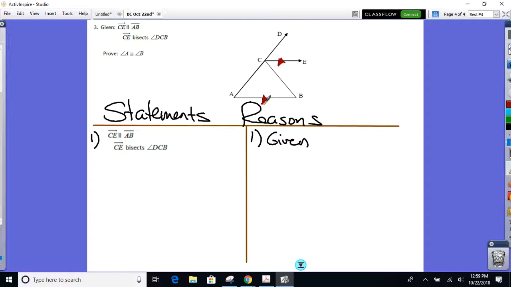How many of the givens will you use? All of them. Okay, let's keep that in mind in this proof.